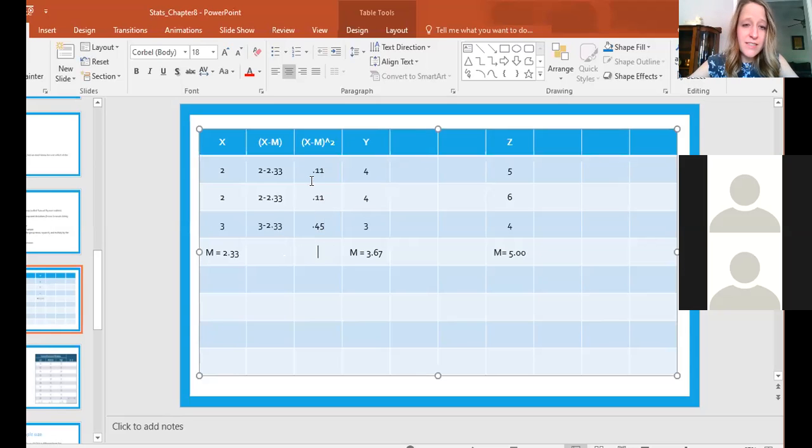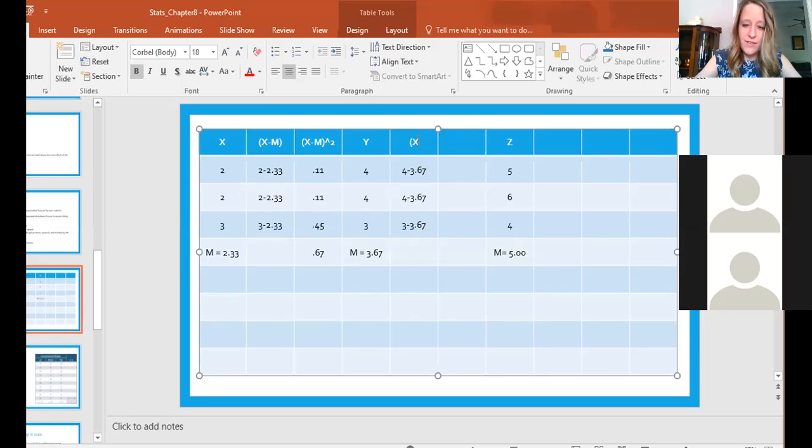And then I simply add these together, right? So 0.11 plus 0.11 plus 0.45 is 0.67. So that's my sum of squares for x, but I need to do this for each variable. So this one would be 4 minus 3.67, 4 minus 3.67, 3 minus 3.67.